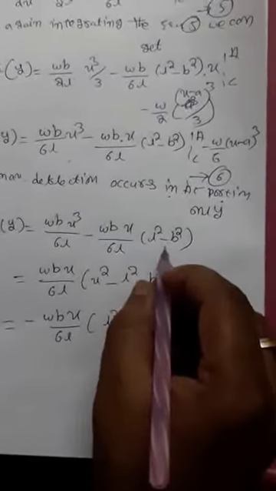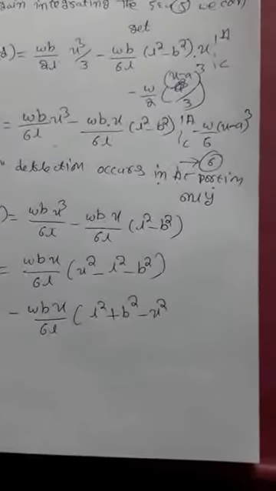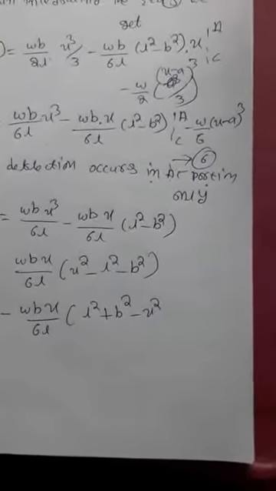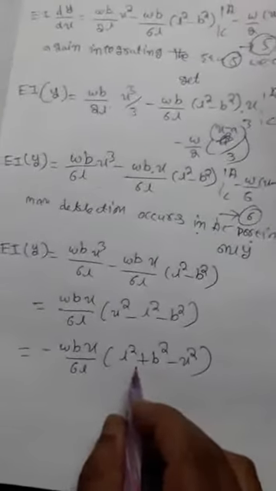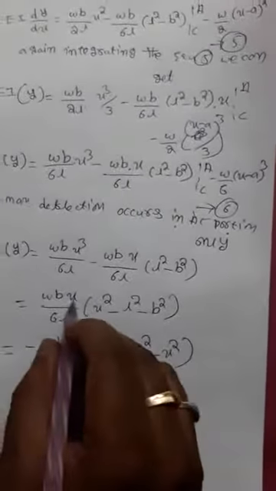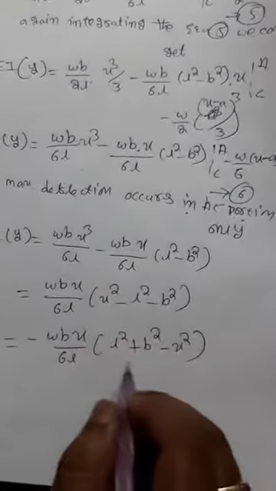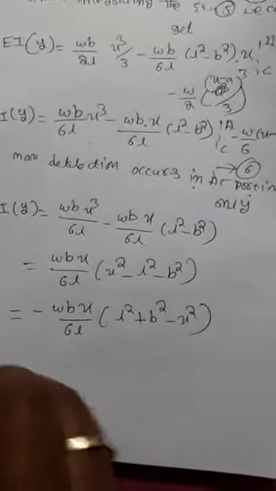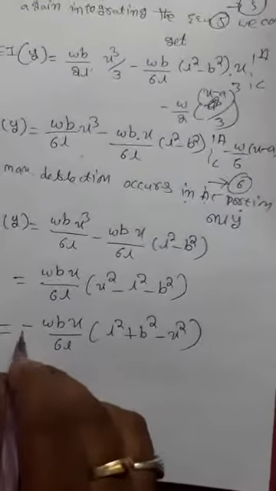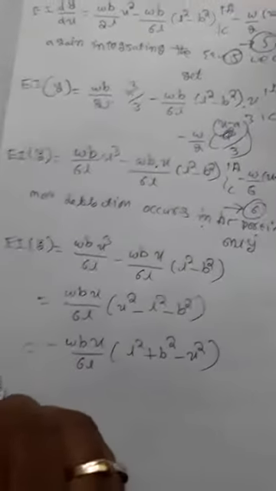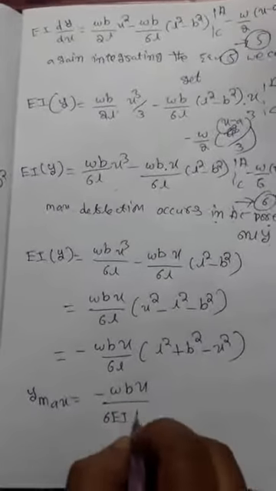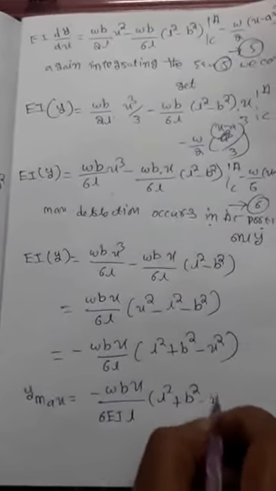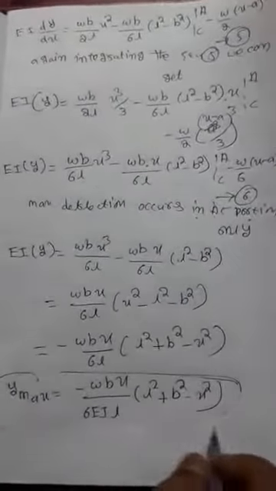So you can get the value y maximum equal to minus WBx by 6EIL into L square minus B square minus x square. So this is the y maximum.